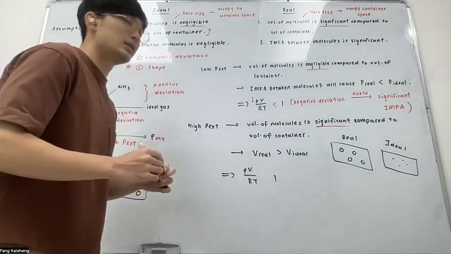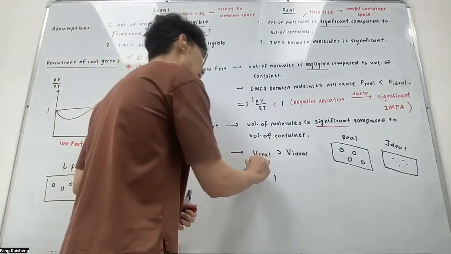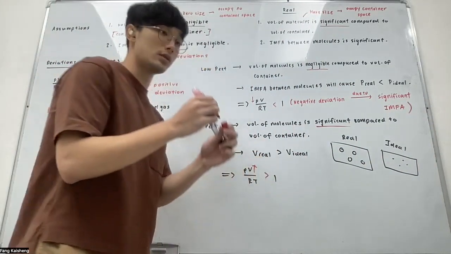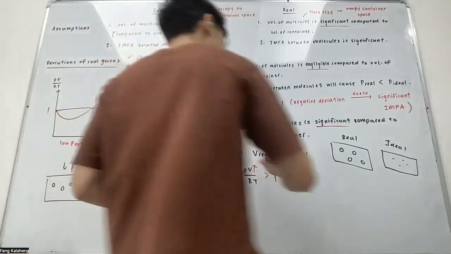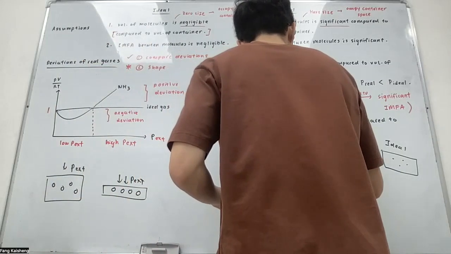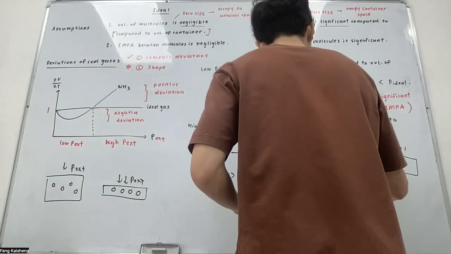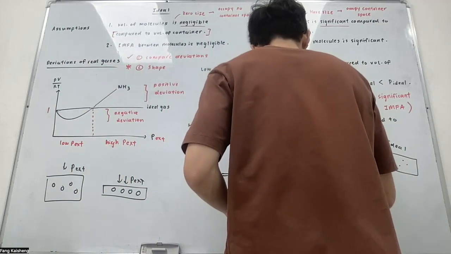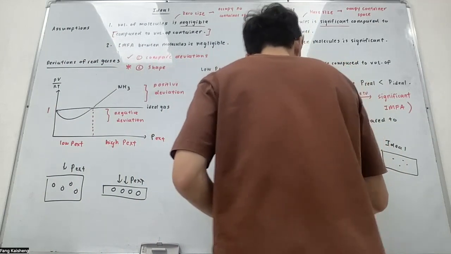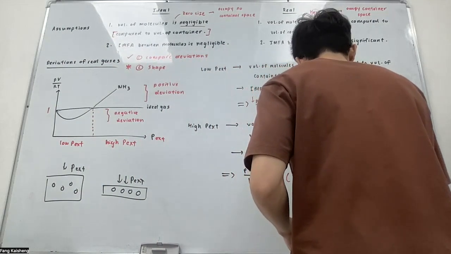A real gas has higher volume, so it's more than one. What kind of deviation is it? Positive deviation. You have to take note: positive deviation is due to significant volume.